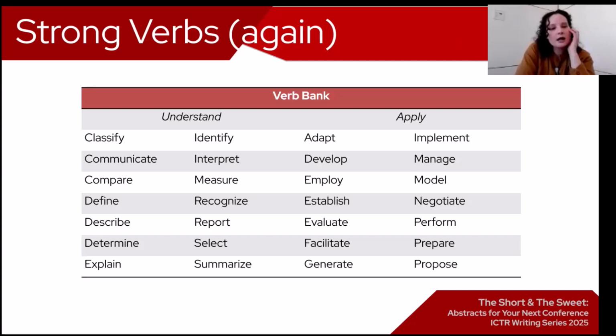So if you're trying to classify, identify, interpret, measure, and then a second section for more practical application of knowledge. So if the goal is to adapt or develop or model. So these are stronger, and they're easier to assign measurable outcomes and goals to those verbs.